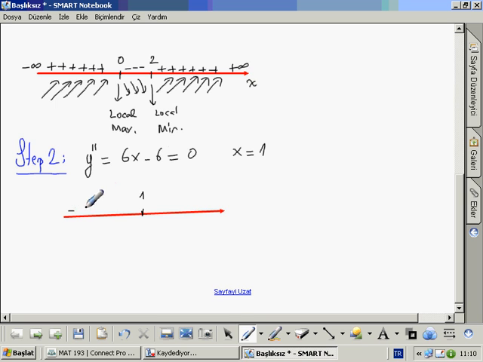When you take any value less than 1, y double prime will be negative, and when you take any value larger than 1, y double prime will be positive. So for this interval, concave down because of minus, and here is concave up, and this point is the inflection point.